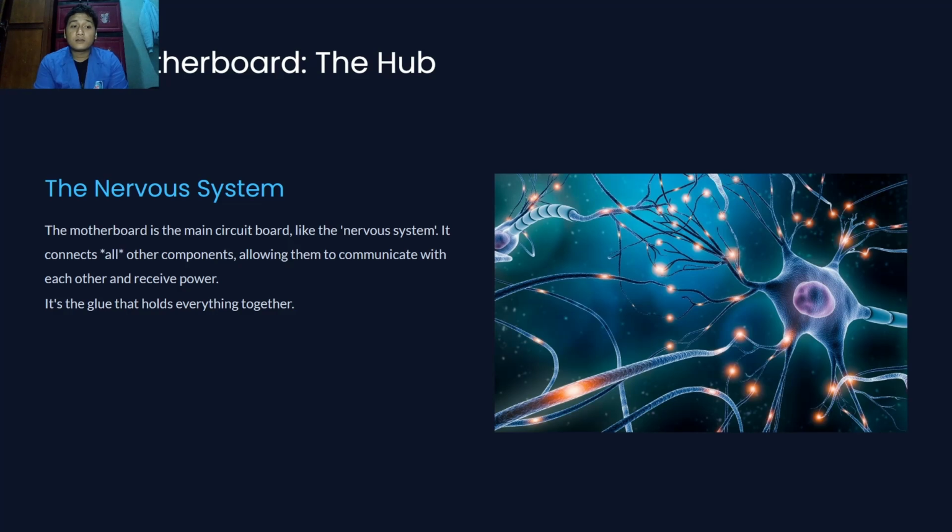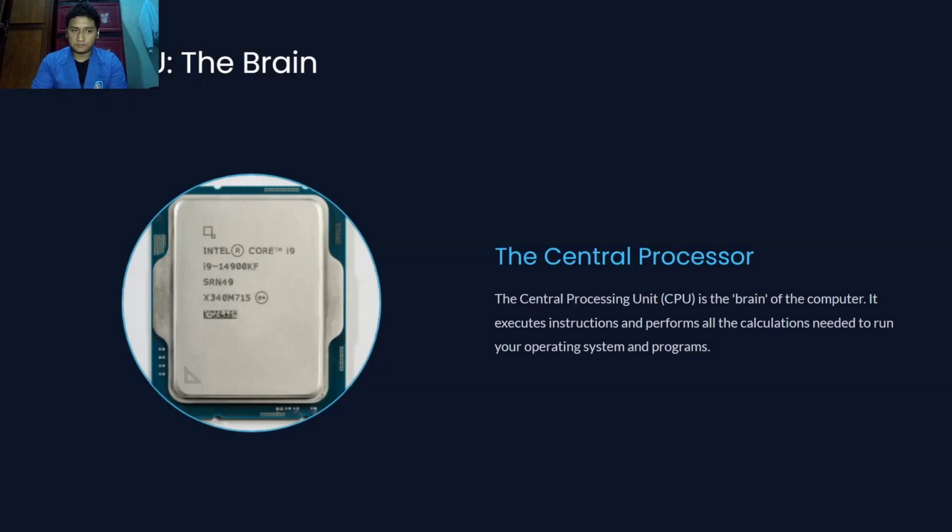It connects all the other components, allowing them to communicate with each other and receive power. It's like the glue that holds everything together. So it is basically the nervous system of the computer. The next slide is the CPU, or the brain.